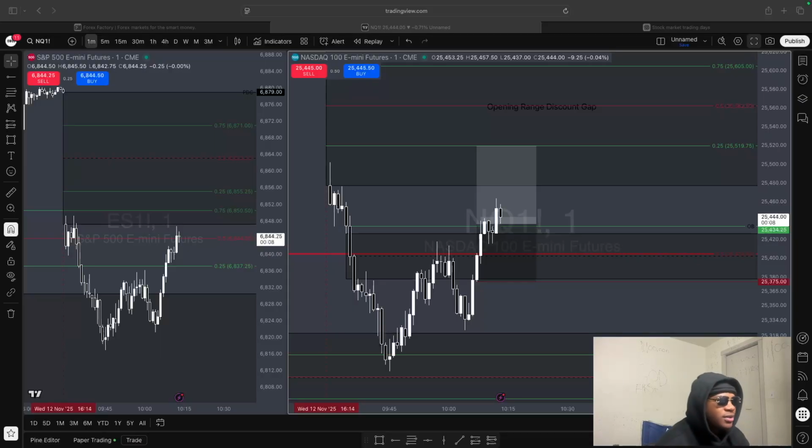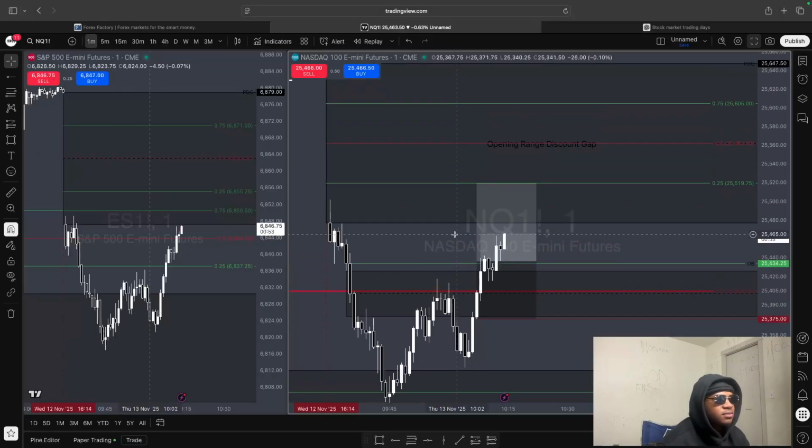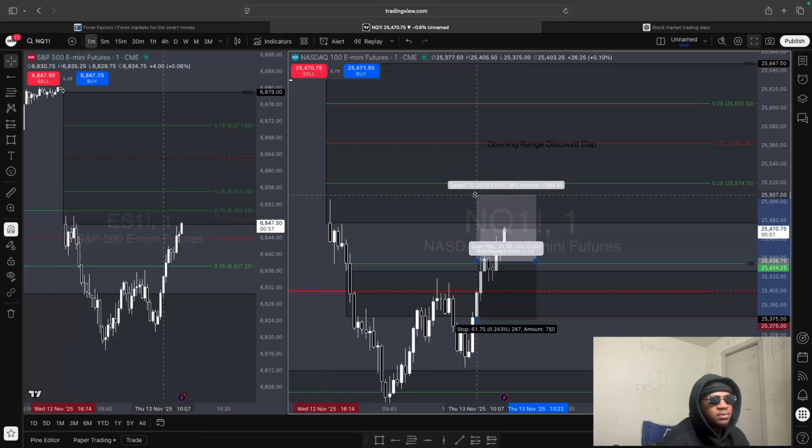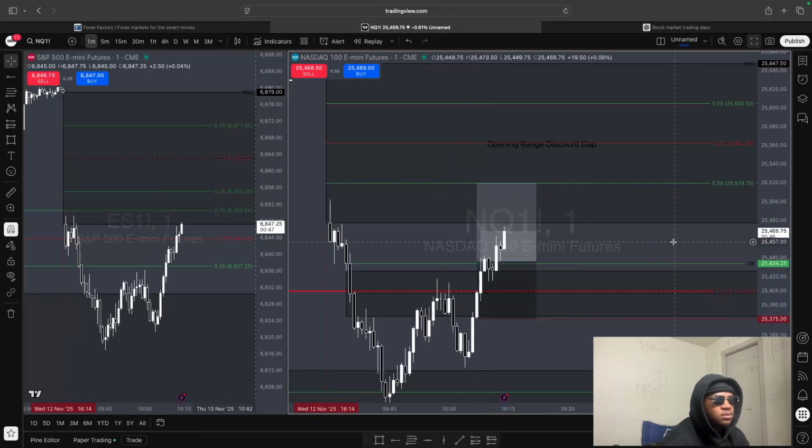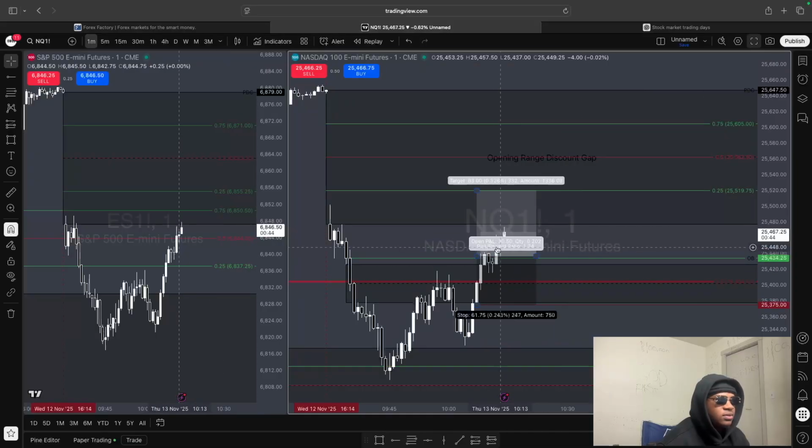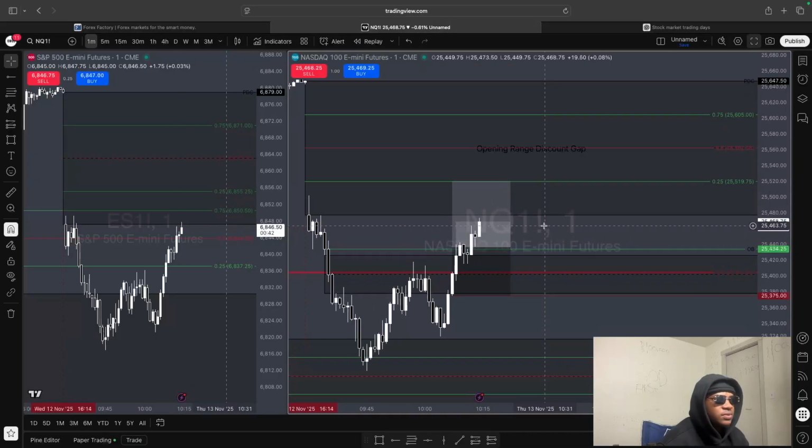I don't really do market orders for real because you never know what news intervention might come into play and stuff like that. But yeah, I do want to see this get filled. So that's it, little 1 to 3 risk reward.